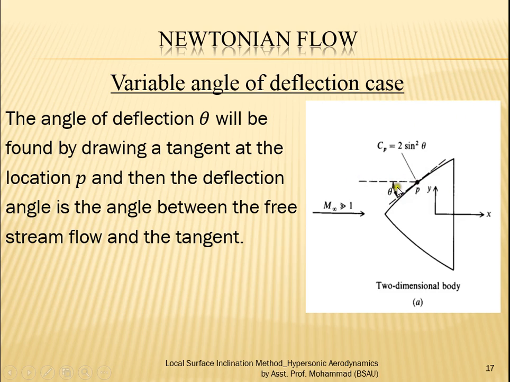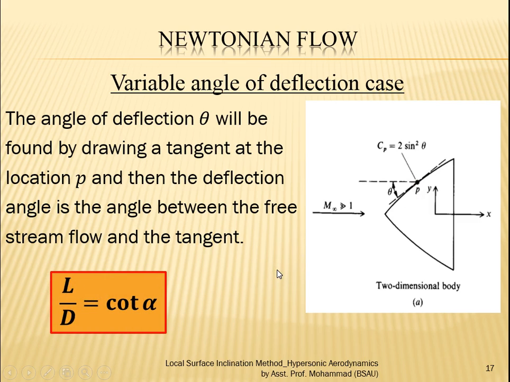That angle is the theta angle, because after impinging, the flow has to become parallel to the surface, so tangential. So the deflection will be exactly equal to the angle between these two vectors, the flow vector and the tangent vector.